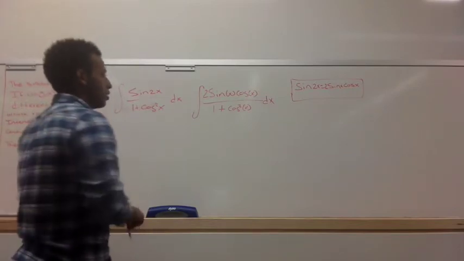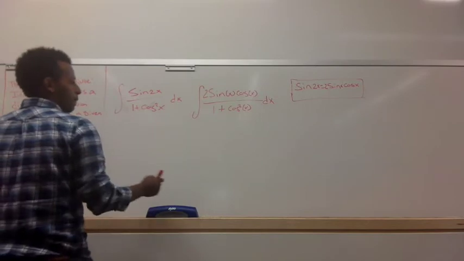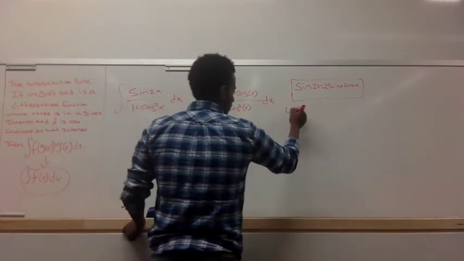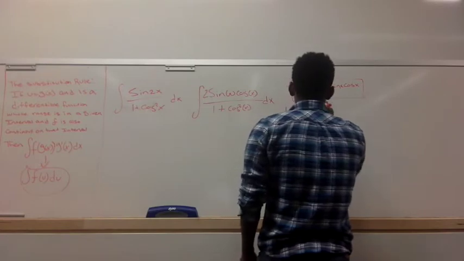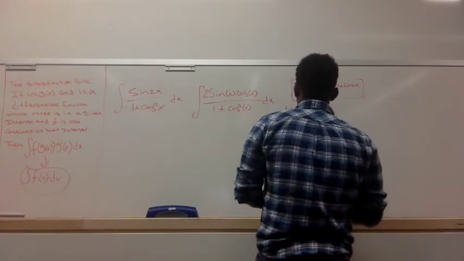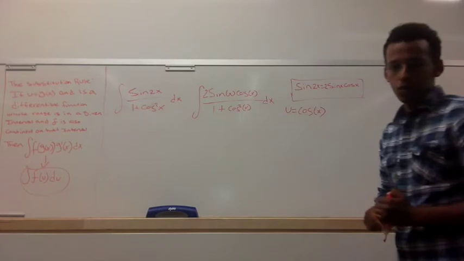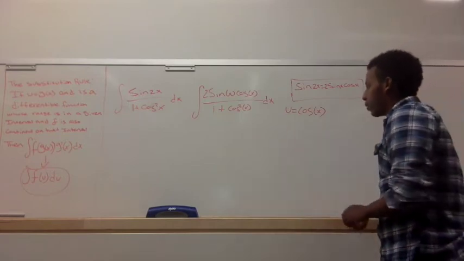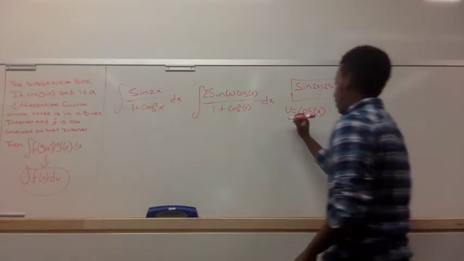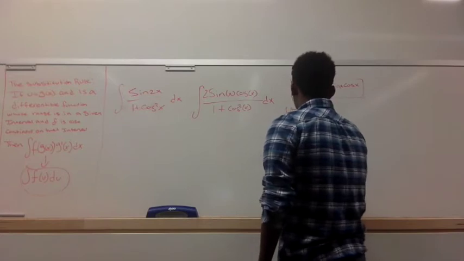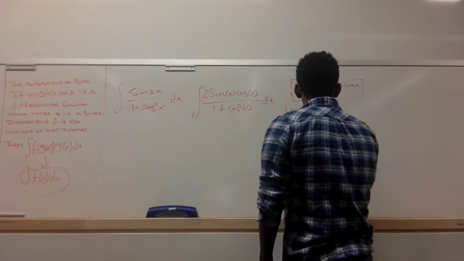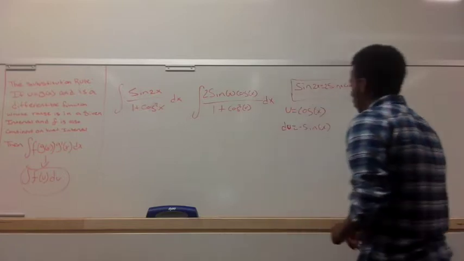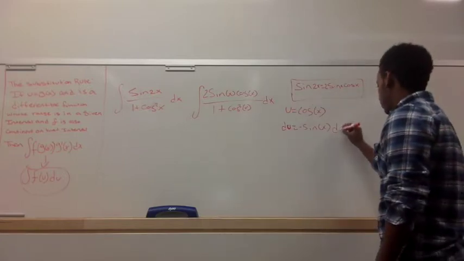To do that, we make u equal to cosine of x. Once we take the derivative of this, we get du is equal to negative sine of x dx.